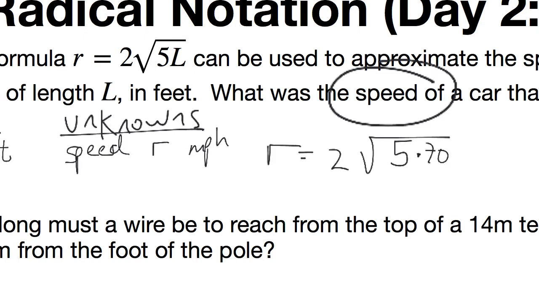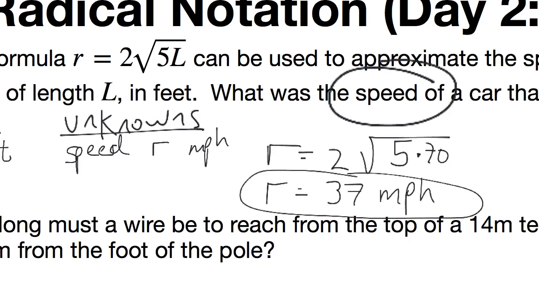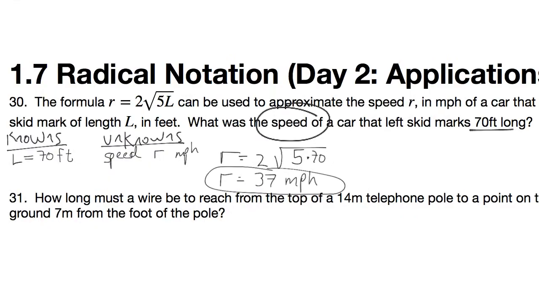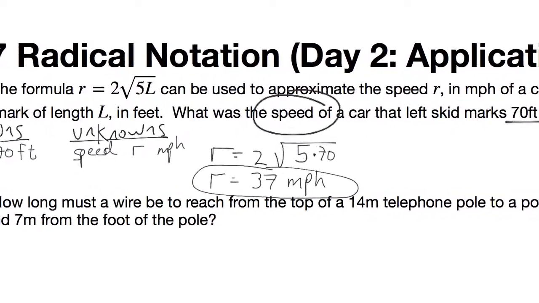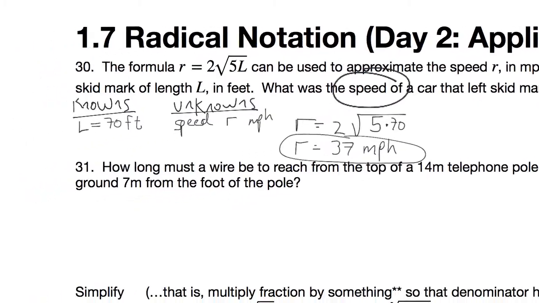You put all that into a calculator, and it will give you approximately 37 miles per hour. There it is. Make sure that you do the 5 times the 70 first, and then take the square root.